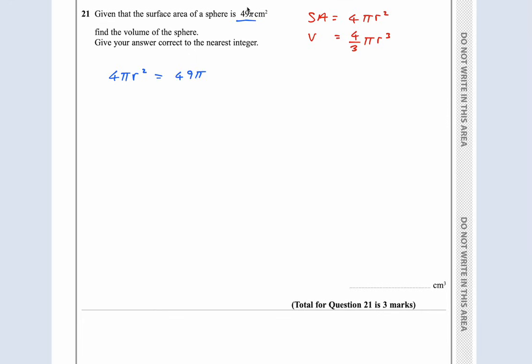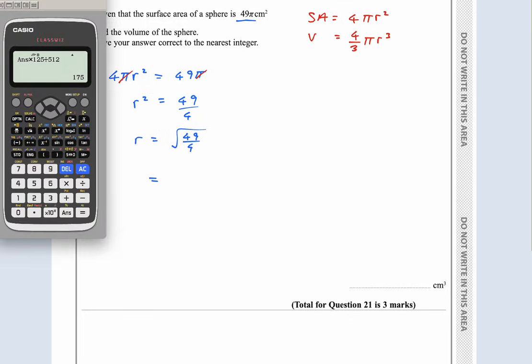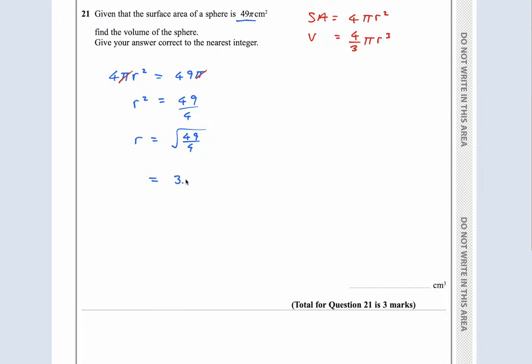Now obviously the only thing I don't know here is the radius, so I can use this to find the radius. I can divide both sides by pi and then divide both sides by 4, 49 over 4, and then get the square root of both sides. Square root of 49 over 4 is 7 over 2, okay, that's nice, that's 3.5.